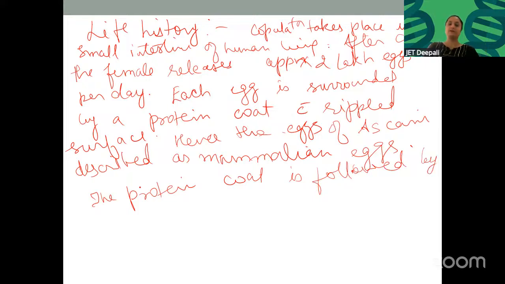Is followed by chitinous shell. Okay, you have to write in this manner. The eggs come out with the fecal matter.